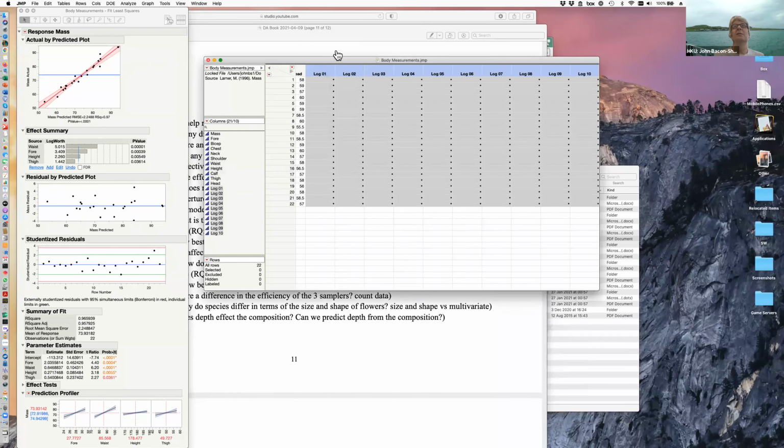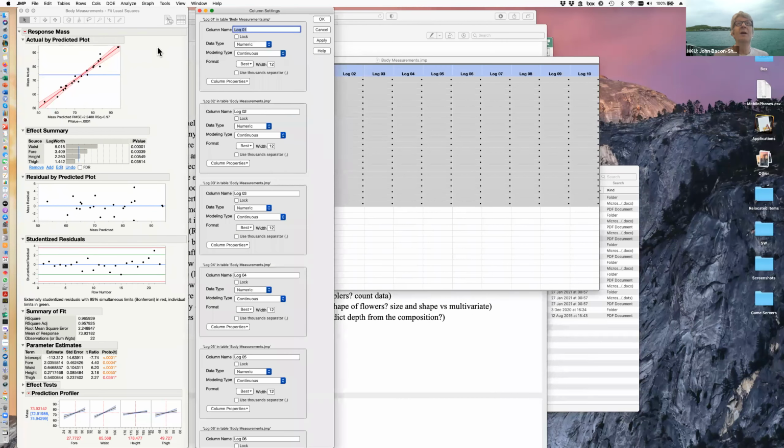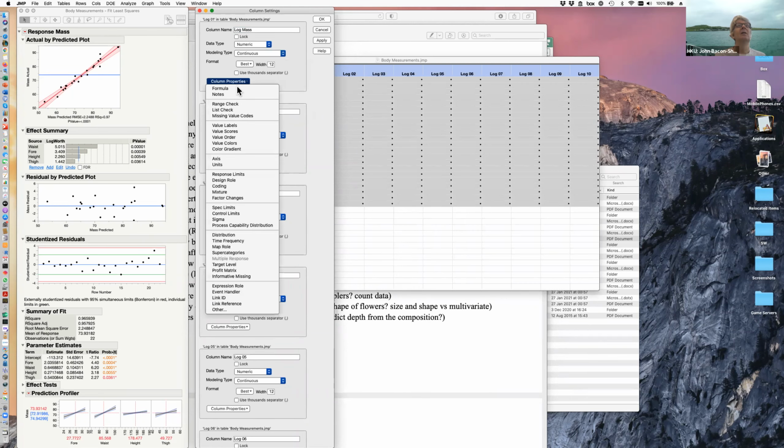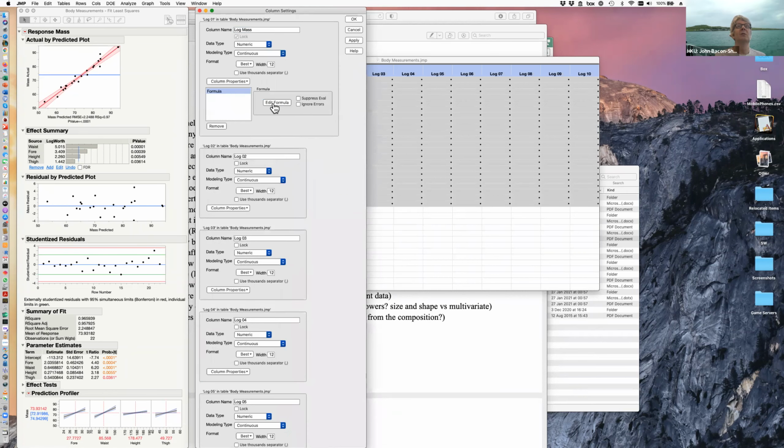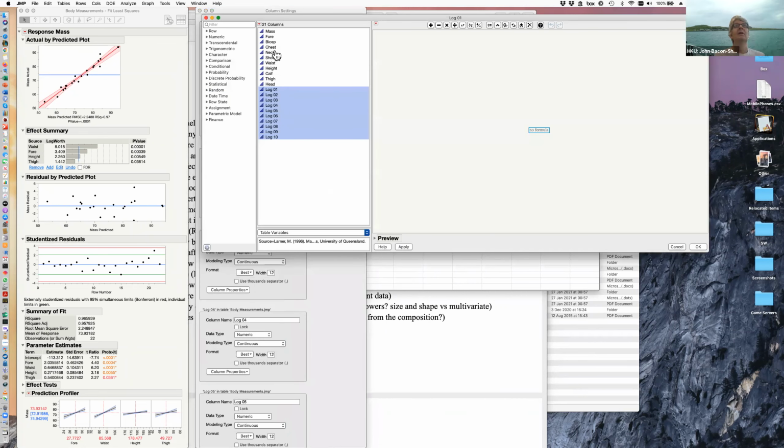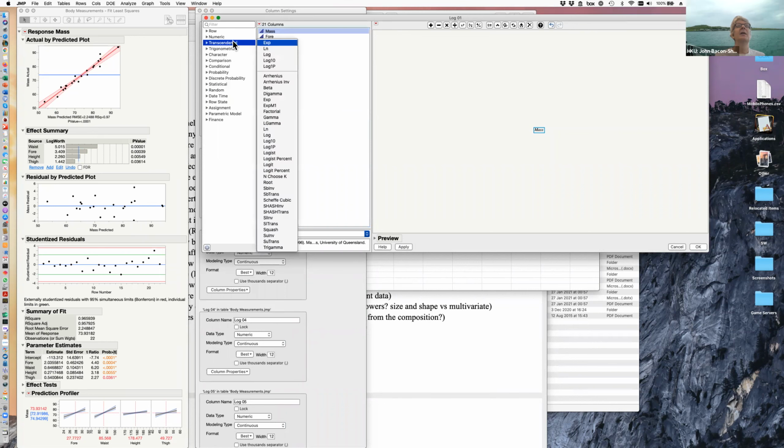I apply this, and now I'm going to do each of these. I'm going to say column info. So the first one I want is log of mass. My formula is very simple. It's mass and then transcendental log 10.